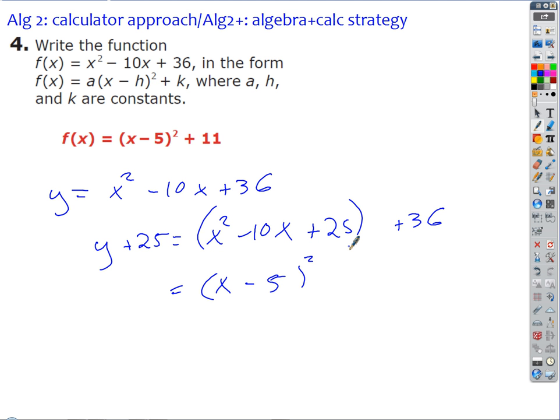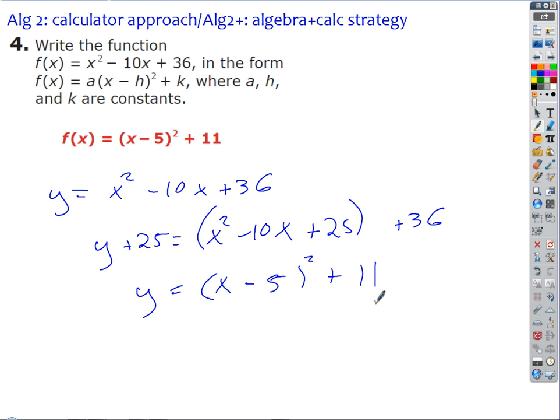Then all we'd have to do is subtract the 25 back from the 36, and you'd get y equals this plus 11. How'd you get the 11? Because I just subtracted that 25 from both sides. This 25 got used with the first two terms to make a perfect square. This one we had to just assimilate into this number. No big deal, right?